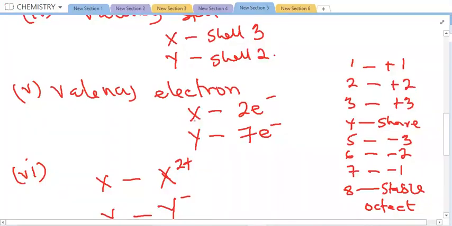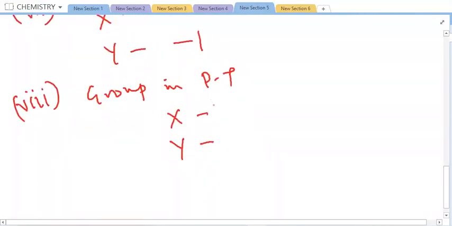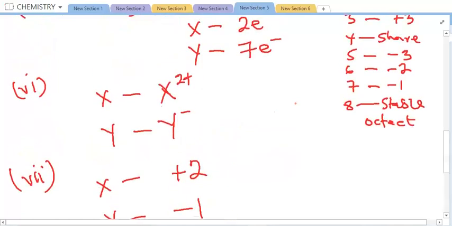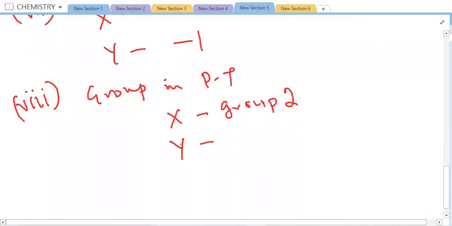Valency electron for X is 2. So meaning X belongs to group 2. The valency electron for Y is 7, meaning Y belongs to group 7. So the group to which an element belongs in the periodic table equals its valency electron. For X, it is 2. For Y, it is 7.